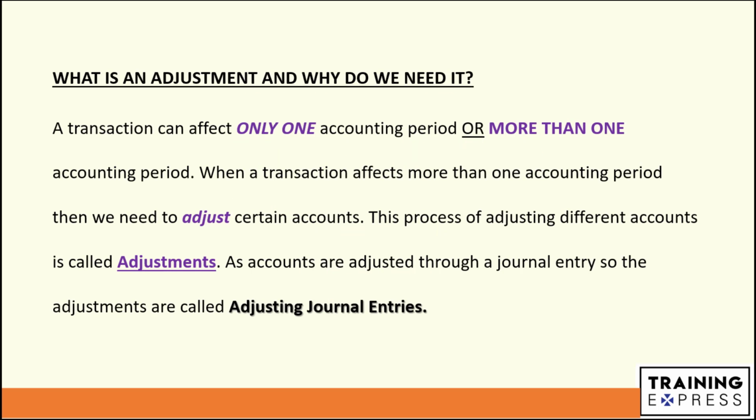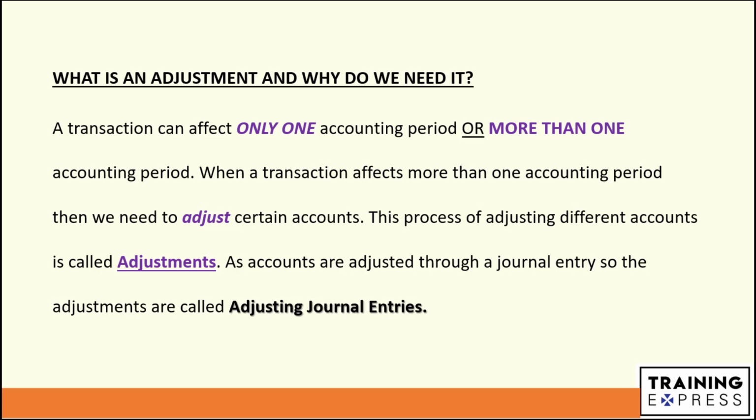Before we talk about the adjusting process in detail, let's first have a look at what is an adjustment and why do we need it. A transaction can affect only one accounting period or more than one accounting period.